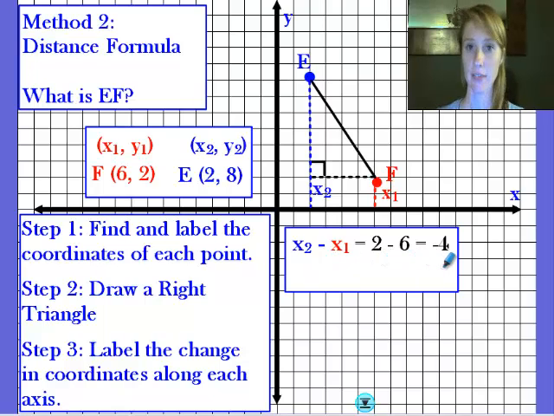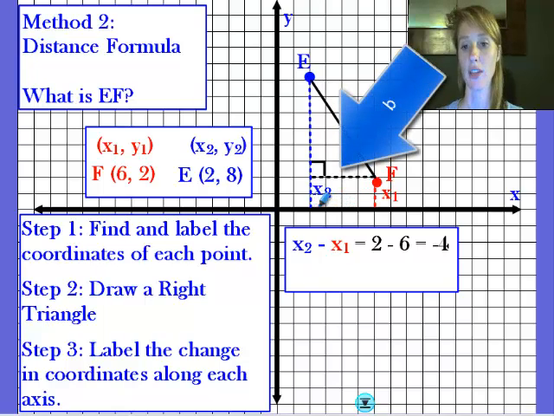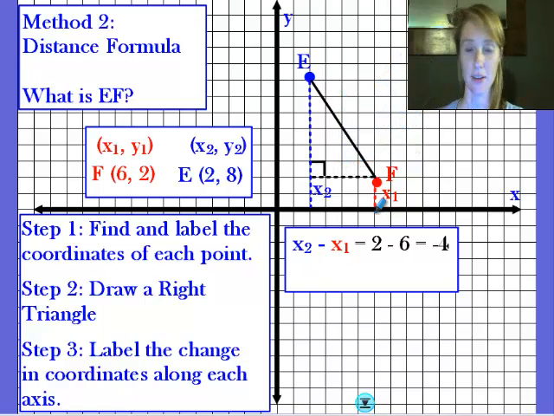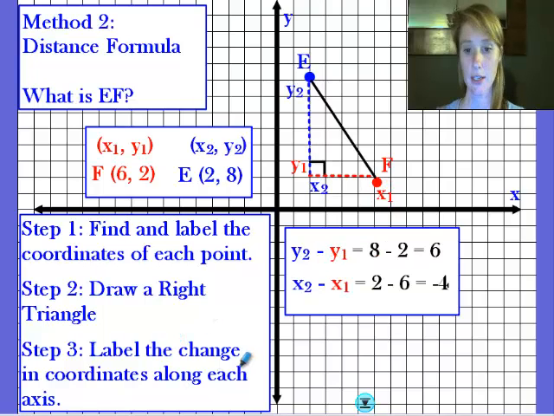And that's okay that it's a negative number. We're going to see how that works out in just a second. But again, before I move on, this distance that I've traveled along the x-axis is the same leg as side B in the Pythagorean theorem method that we just completed. Okay, great. So keep that in mind. So I've captured both the change along the y-axis and the x-axis and plugged in the values for each of the coordinates. We're going to use that in just a moment.